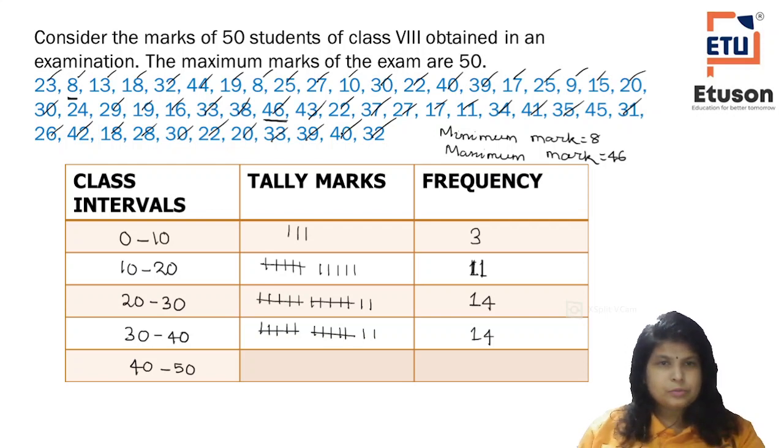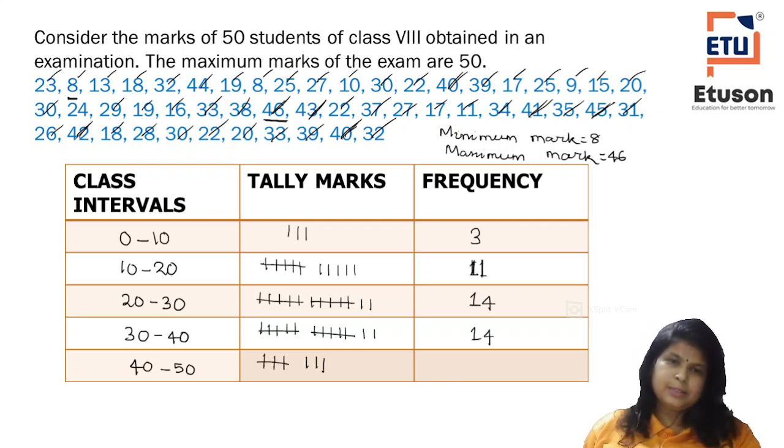So 1, 2, 3. See, this 45 we had left. So it is 1, 2, 3, 4, 5, 6, 7 and 8. Okay, so you have 8.